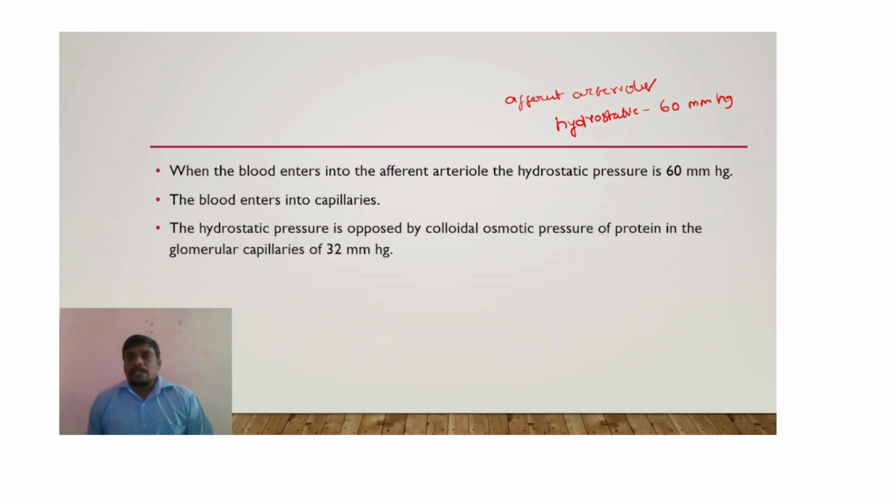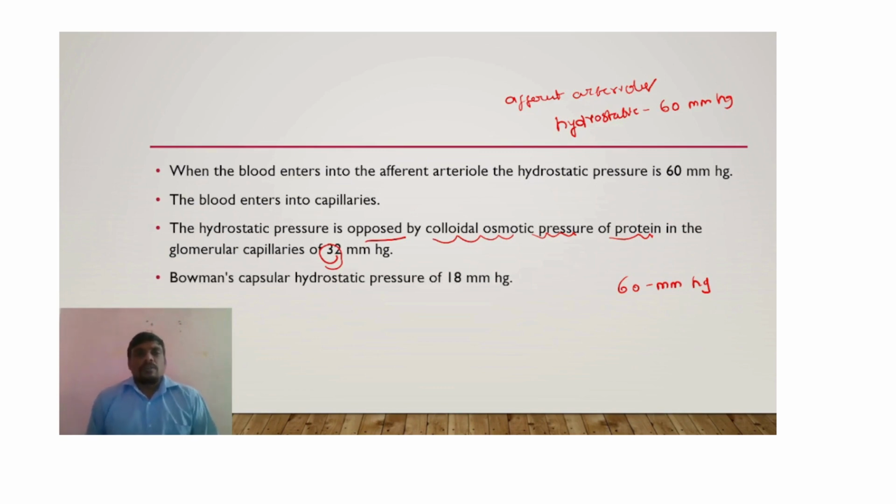The hydrostatic pressure of 60 mmHg is opposed by the colloidal osmotic pressure of the proteins in the glomerular tubules, which is about 32 mmHg, whereas the Bowman's capsular hydrostatic pressure is about 18 mmHg.